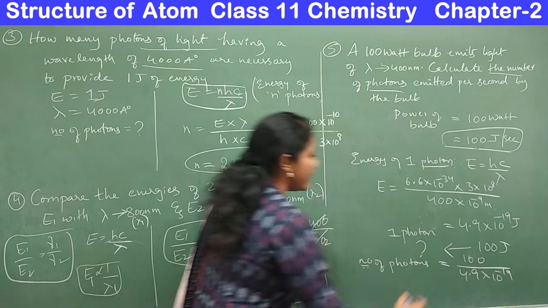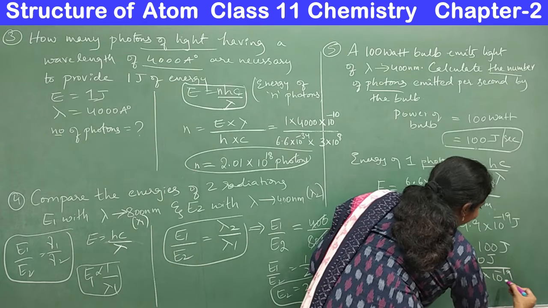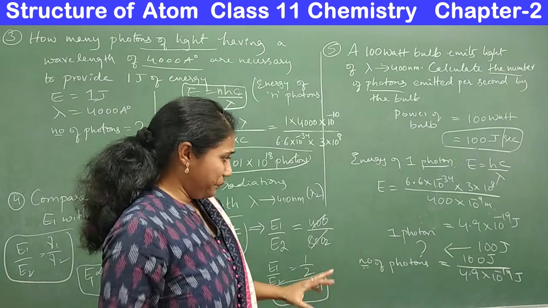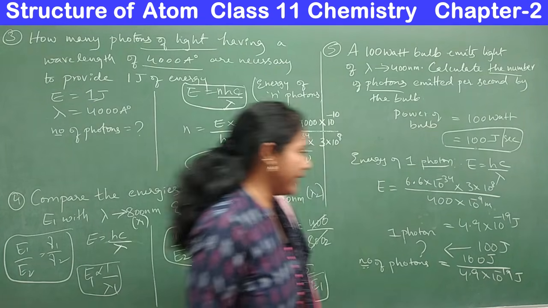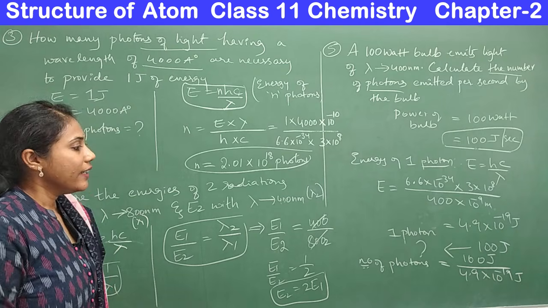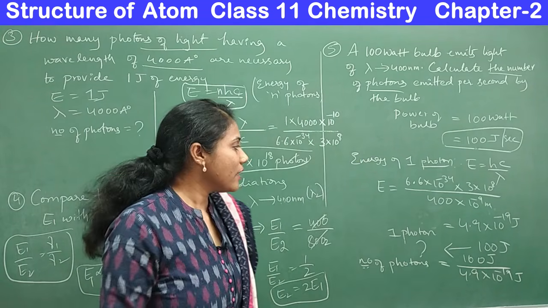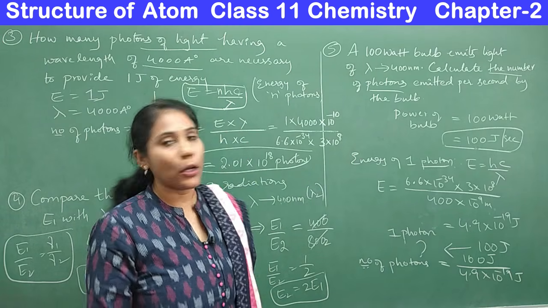So 100 joules and 4.9 into 10 power minus 19 joules. This is what you will get as your answer. You can just calculate and post your answer in the comment box. So this is the method of doing a problem.